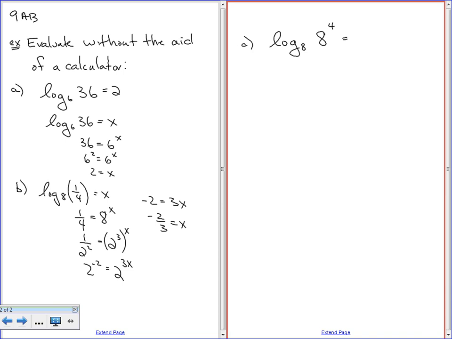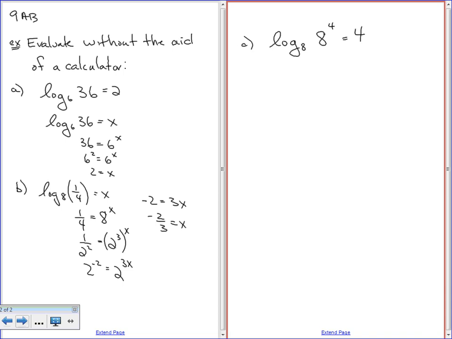So remember that a log says what exponent do I have to put on this base to get this answer? Exact same question. What exponent do I have to put on 8 in order to get 8 to the power 4? That's obviously 4. Right? That's what Dean was saying. Does that make sense?